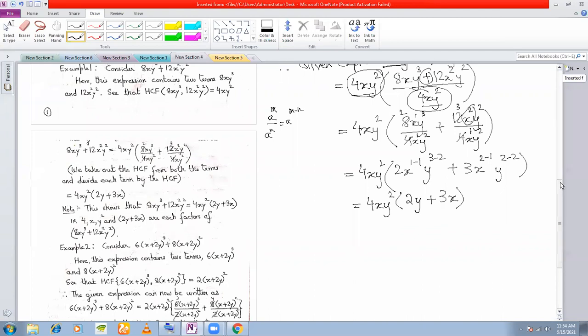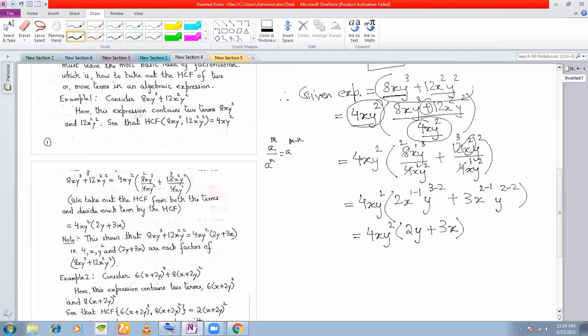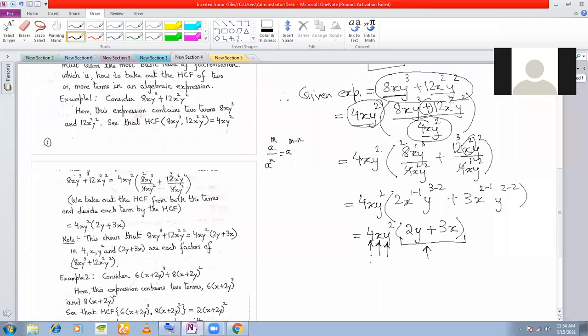So what you see here is that this expression 8xy cube plus 12x square y square has these factors. This is the first factor, this is the second factor, this is the third factor, and this expression is the fourth factor. Okay, so how many factors does it have? It has 4 factors.